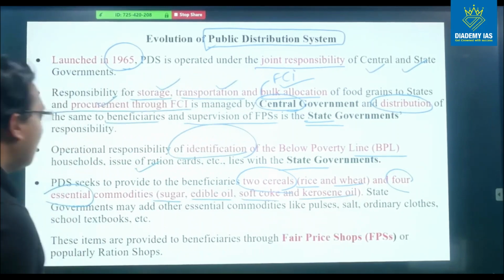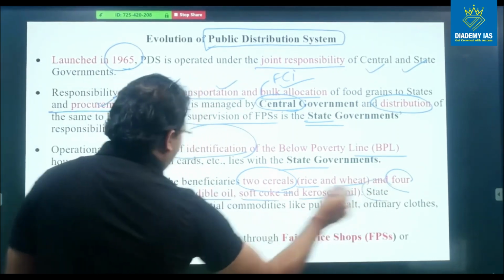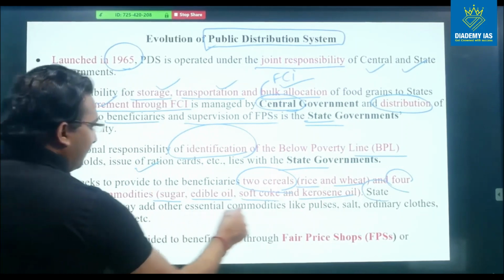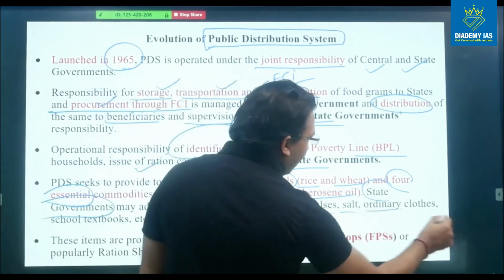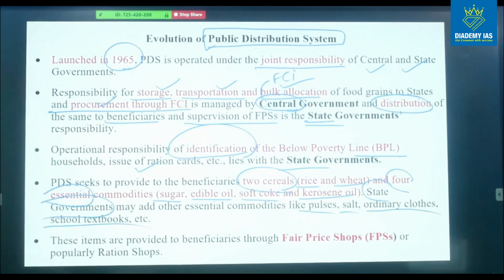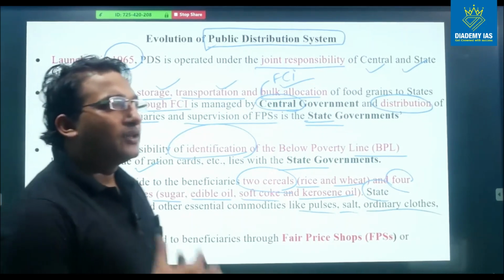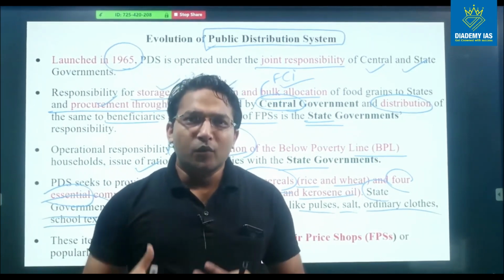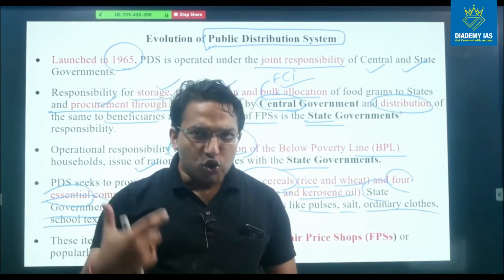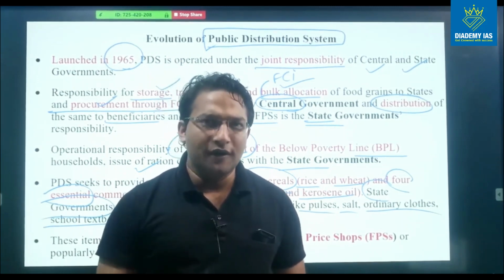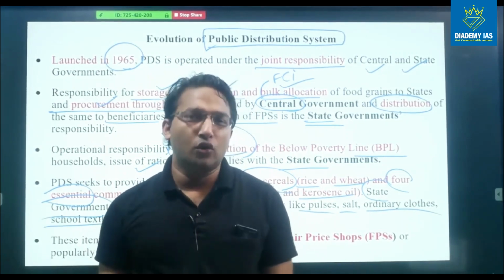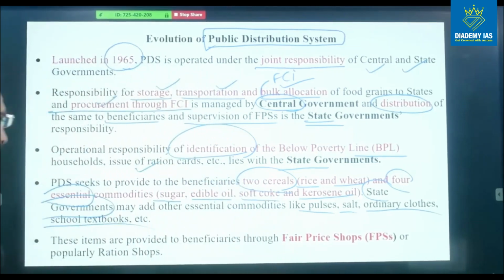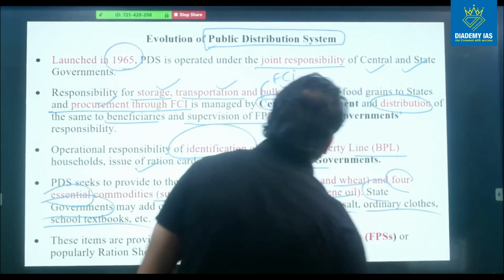Some state governments can add certain other items, for example pulses, salt, ordinary clothes, school textbooks, etc. Depending upon the state government, some states, for example Chhattisgarh and Tamil Nadu, provide some additional items. The cost of those additional items is borne by the state government only. It is their choice; the central government has no problem. These items are to be provided to the beneficiary through fair price shops, or popularly called ration shops.